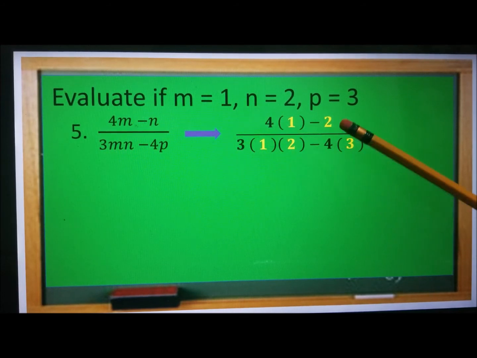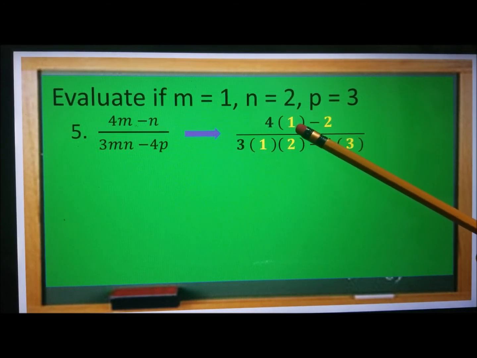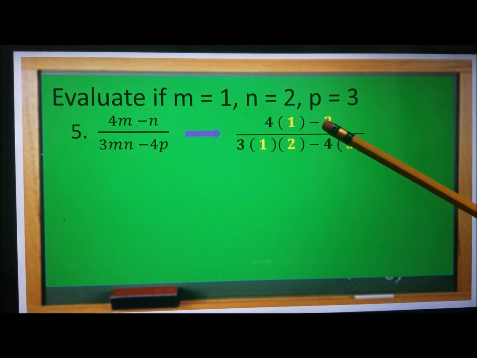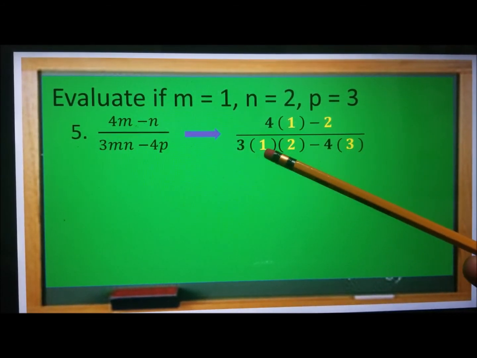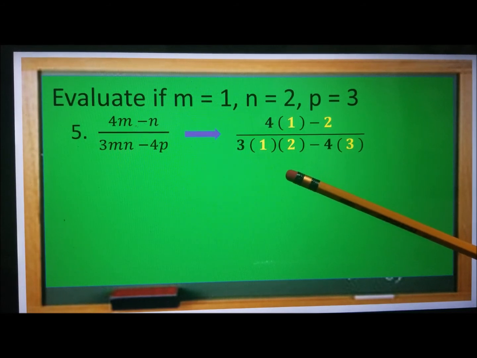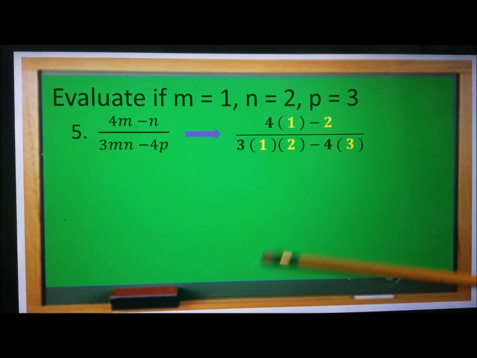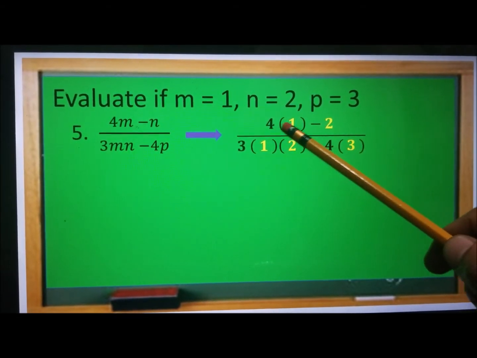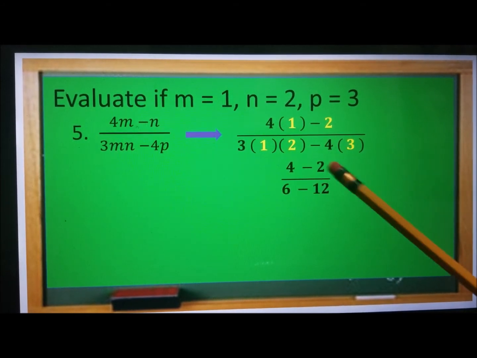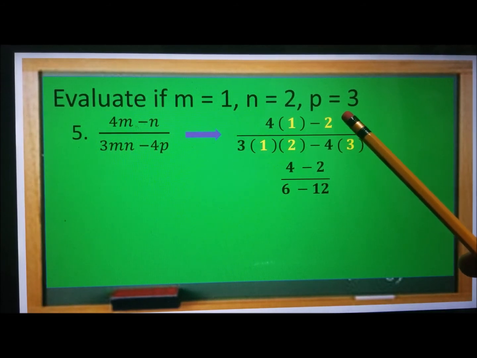Looking at the numerator and denominator, we only have multiplication and subtraction in the numerator, and also multiplication and subtraction in the denominator. Again, we have to evaluate first the multiplication. So let's have 4 times 1, that would be 4, minus 2. We didn't do anything with 2.